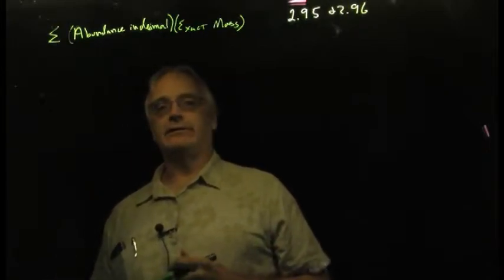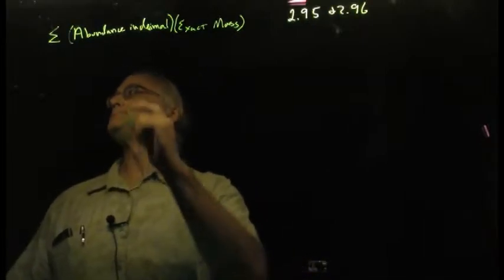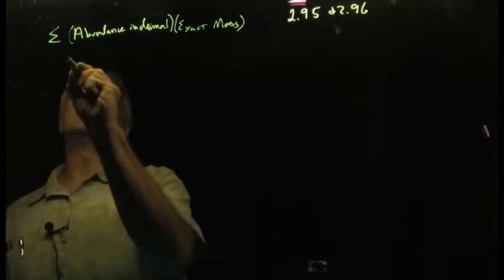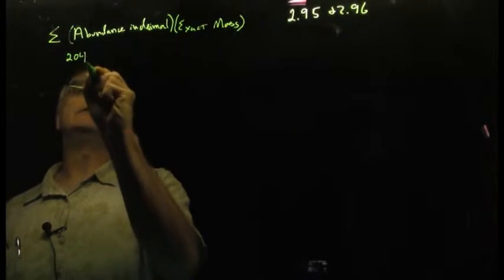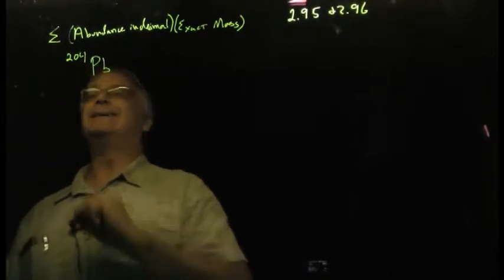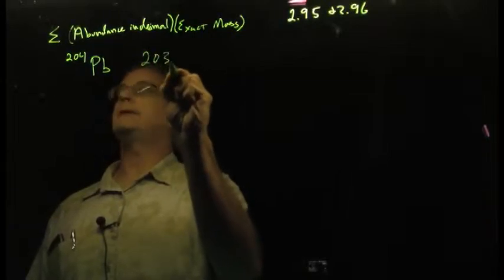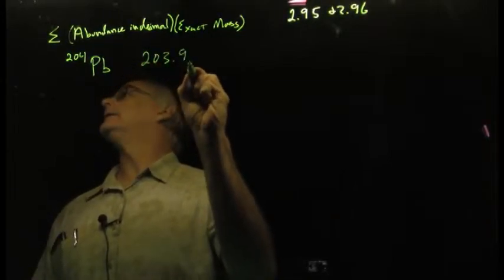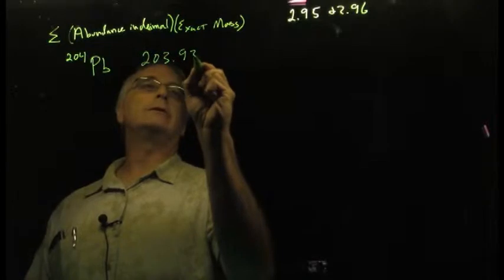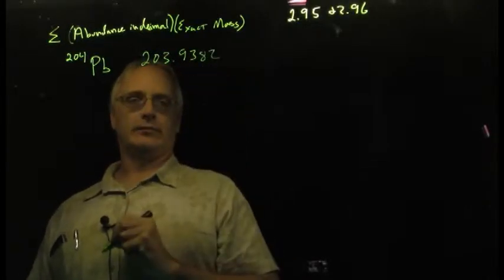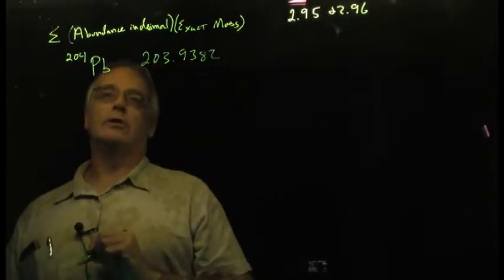The isotopes are, glancing over for a moment, lead 204. What I've done is just simply taken its exact mass, the 203.9382 that they handed us in the problem, and rounded that to 204.